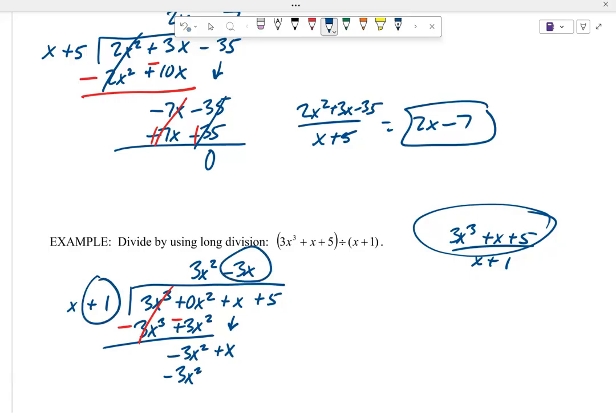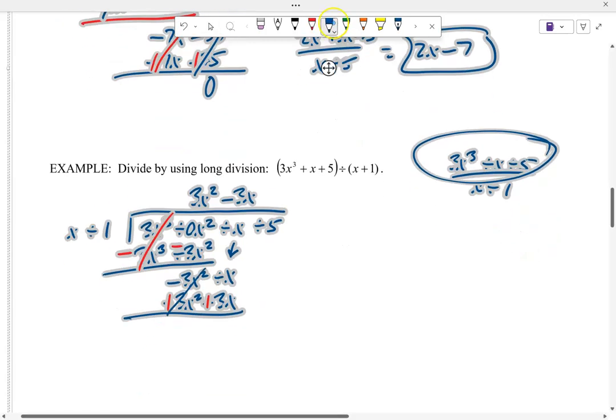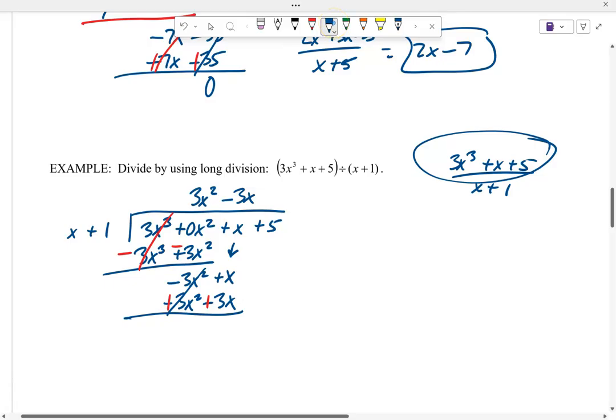Negative 3x times 1, negative 3x. Don't forget, subtract it. So that'll change both signs. And now we've got negative 3x squared plus 3x squared. That's gone. So I got x plus 3x. That'll give me a 4x. And I got to bring down the plus 5.